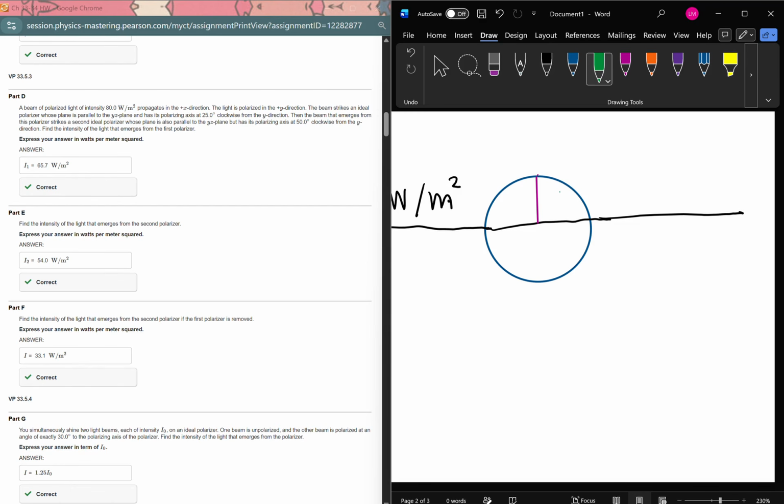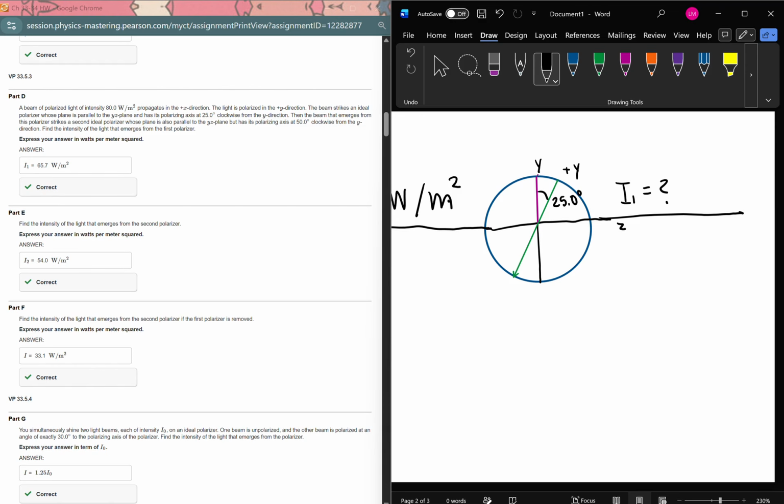Positive y direction. Okay, there you go. I think that is close enough. And this we don't know, which we are finding. And this is y. This is going to be the polarizer. This is y. So this is the clockwise 25.0 degrees. Okay, I think that's close enough.